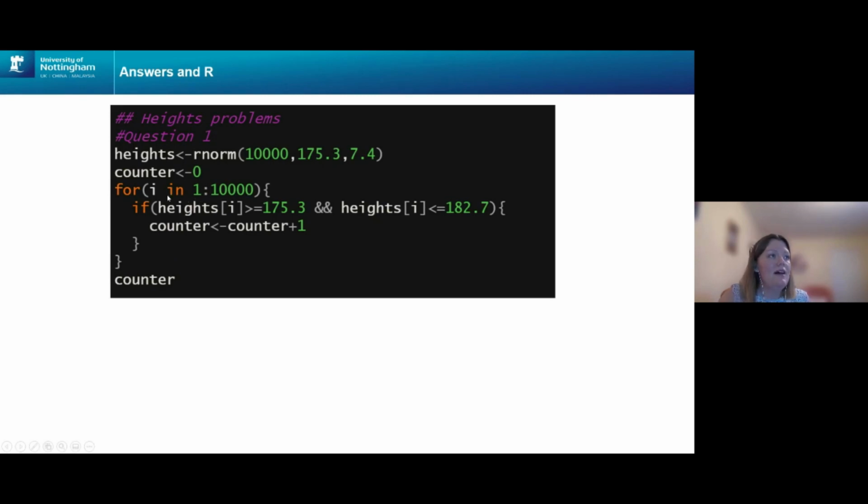And then for the 10,000 values, if the height is between 175.3 and 182.7, add 1 to the counter. So it's essentially counting how many of these 10,000 heights that we've randomly generated are actually between these 2 heights. And using R, this is actually 3,365, which isn't too far from the theoretical answer of 3,410.